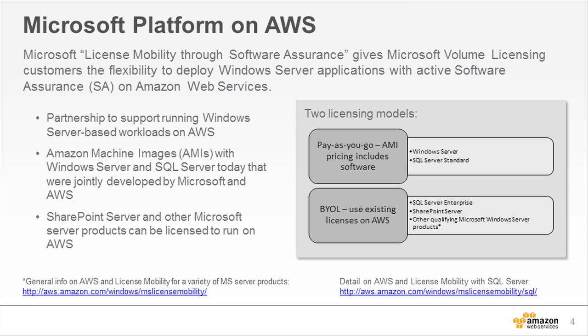I think in total, as of today, it's about 19 different Amazon published AMIs that we have out there. And then for other software applications that fall under the umbrella of License Mobility through Software Assurance, you can bring your own license to the AWS Cloud if you are a qualifying customer. So SharePoint, Exchange, Dynamics CRM, Lync, and other products would fall in this category of bring your own license to the AWS Cloud.